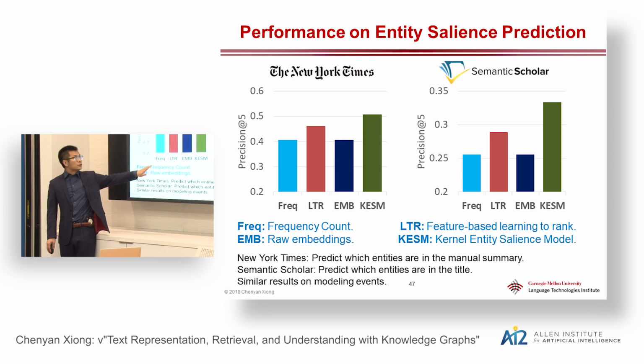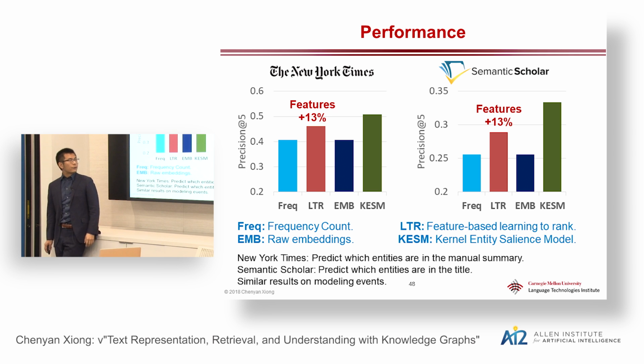This is the New York Times data set, which entity appears in the summary or not. That is the Semantic Scholar data set, which entity appears in the title or not. You start with frequency, which gives you something at 0.4 precision at 5, which I think is good, but only halfway.